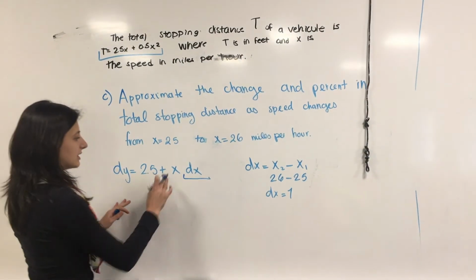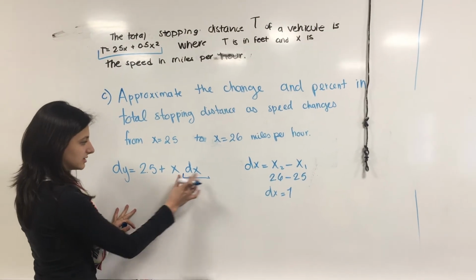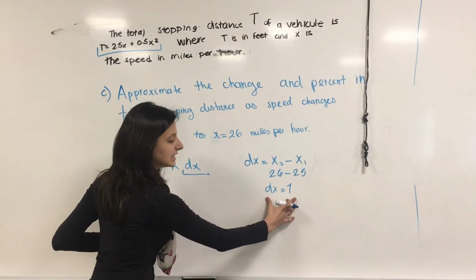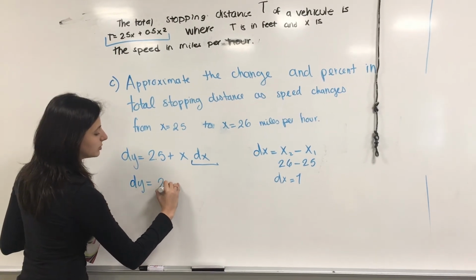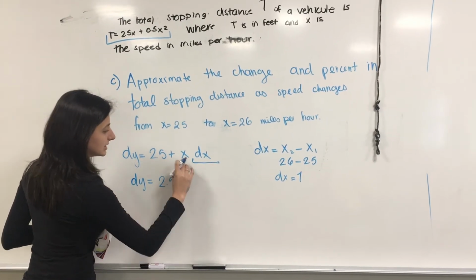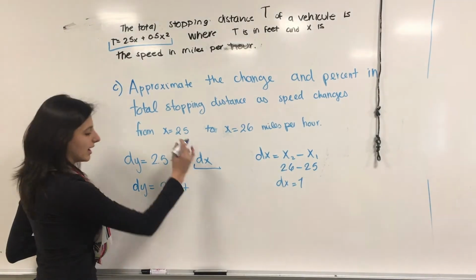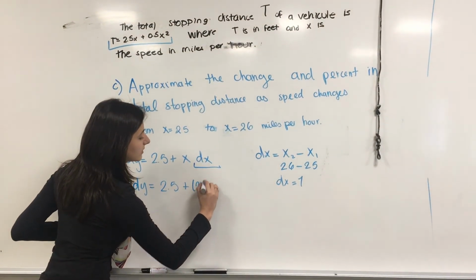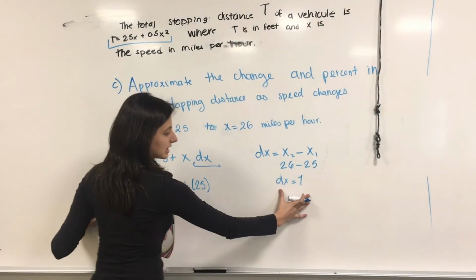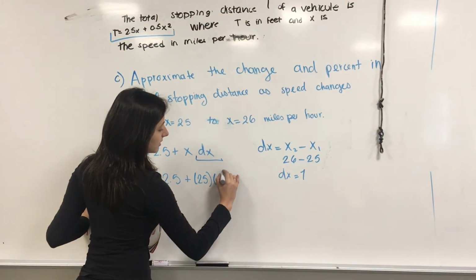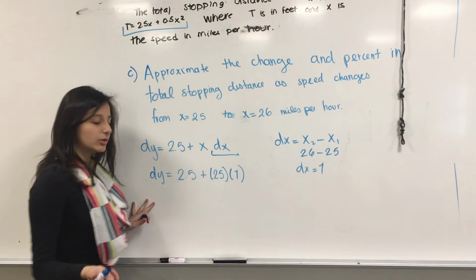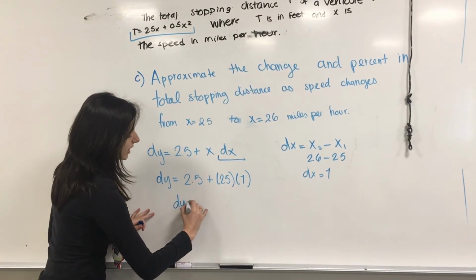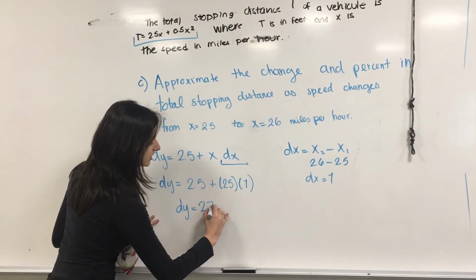Then we plug in this x into dx and the dx with the dx. So dy equals 2.5 plus dx, in this case x is 25. So 25 times dx, that in this case is 1. Then you put this in your calculator and it will give you dy equals to 27.5.